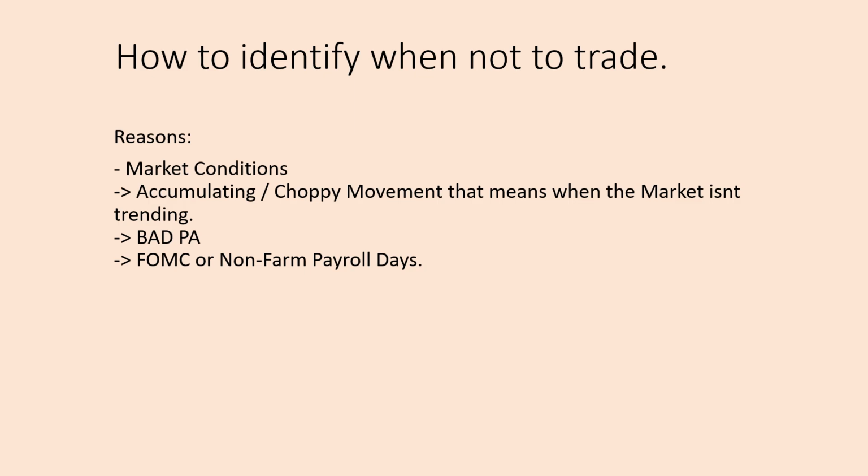There is some bad price action because the banks are also on another topic, which I don't talk about, but the price action is pretty bad in August and July. It has some deeper reasons, but you don't have to know them. The third reason is FOMC or non-farm payroll days.